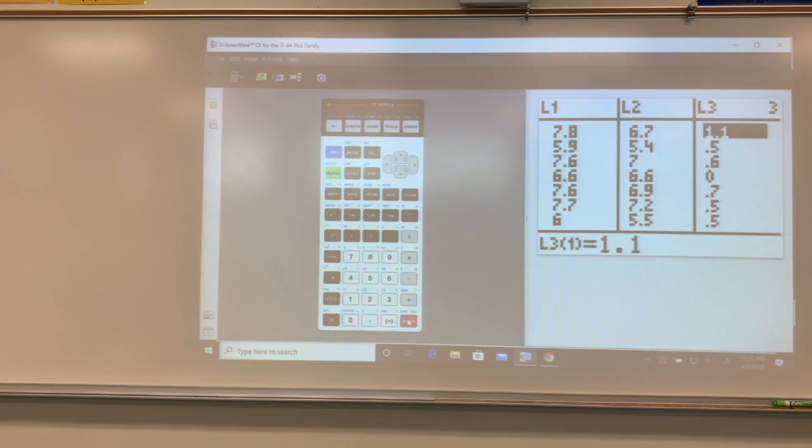So what I did is I typed all the data in L1 and L2. I put the after program in L1 and the before program in L2 because an improvement would be measured by subtracting the after program minus the before. And these are those numbers right here. These are the differences. And if you notice, most of those differences are positive.